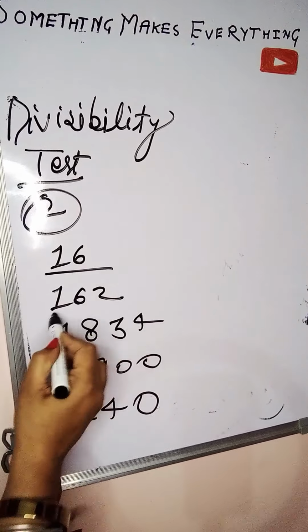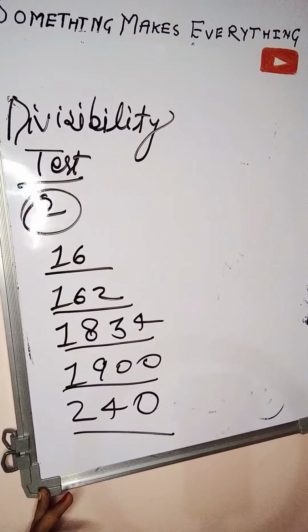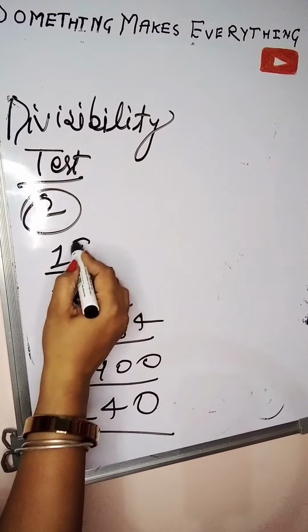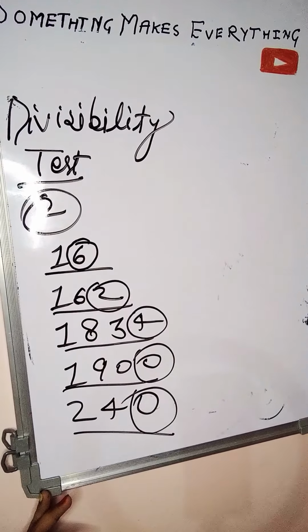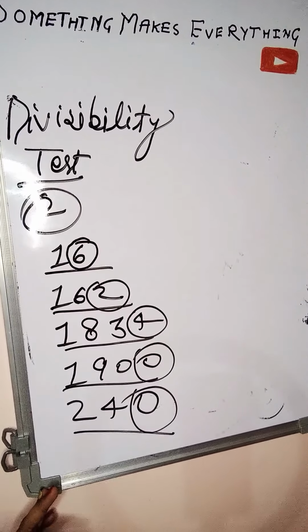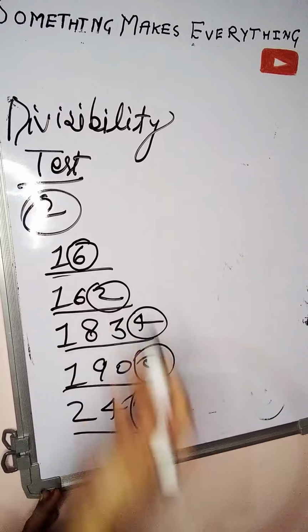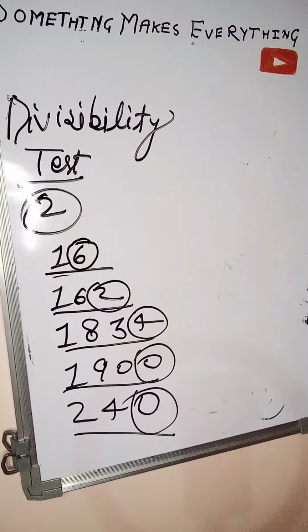So they all are even numbers. You know how to check whether the given number is even or not? We check it at ones place, or we call it unit place also. So if ones place is an even number, the whole number will be an even number and this will be completely divisible by 2. This was the rule for the number 2.